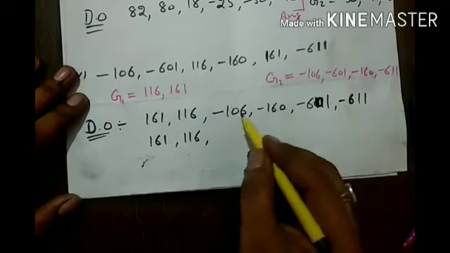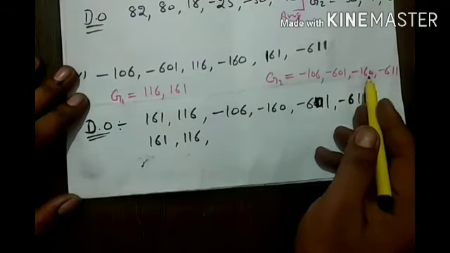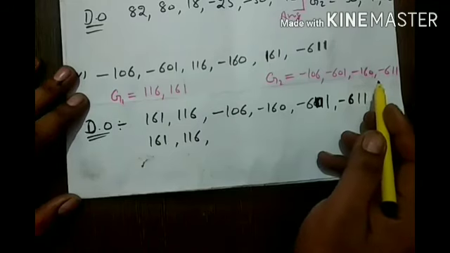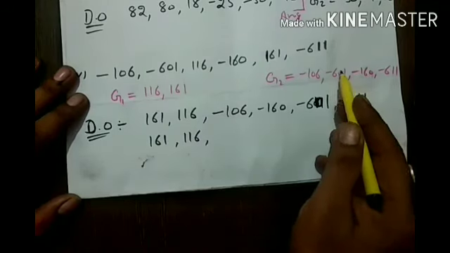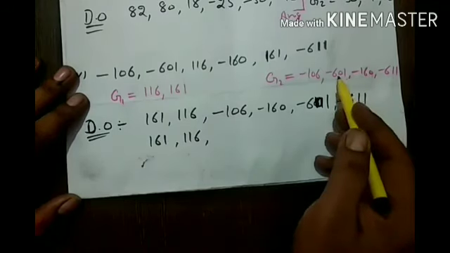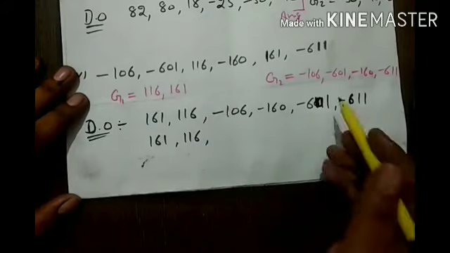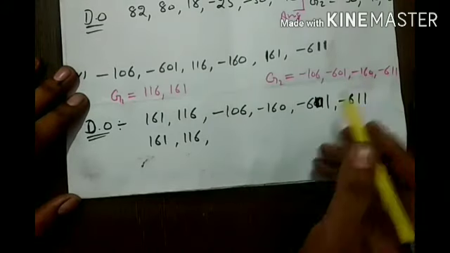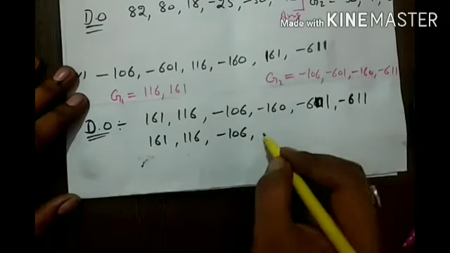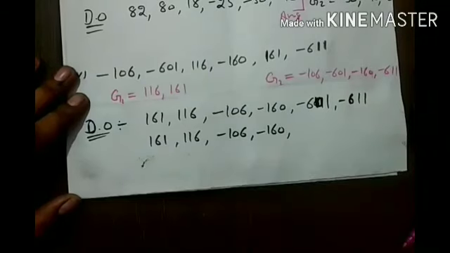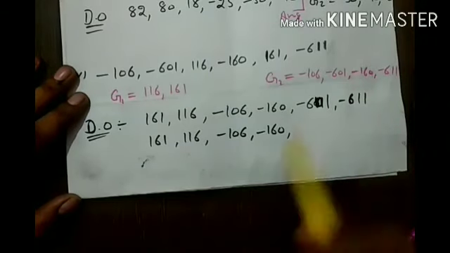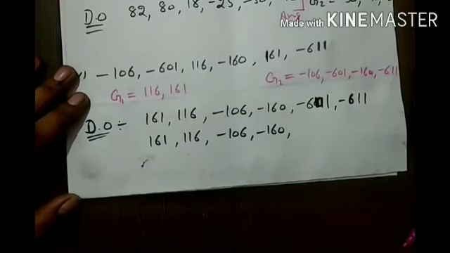So I will write this again: 161, 116, then this is -106 and this is -160. And this is -601 and this is -611. The one whose numerical value is smallest is greatest. So whose numerical value is greater, 106 or 160? 106. After that 160. Now this is 601 and this is 611. The one whose numerical value is greatest is smallest.